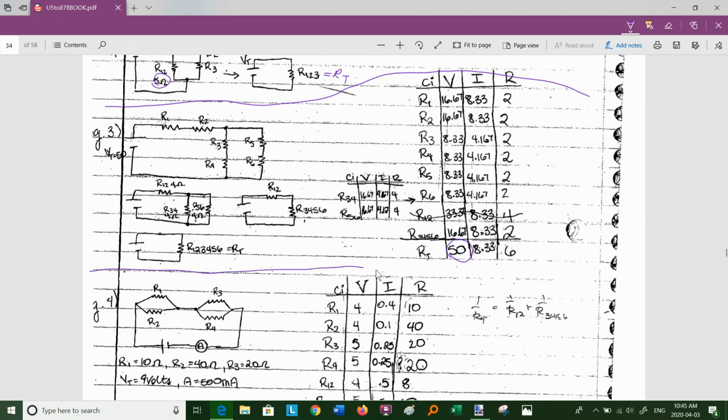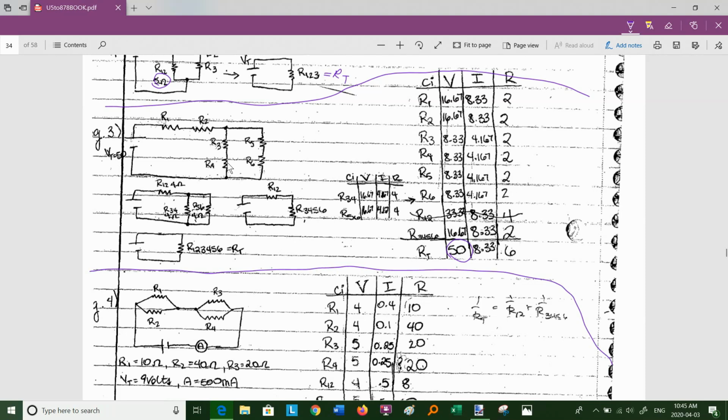Let's separate these questions. So, what can we do here? Well, R3 and R4 are in parallel, so I can get the equivalent branch of that. So 1 over 2 plus 1 over 2 is 1 over our total.